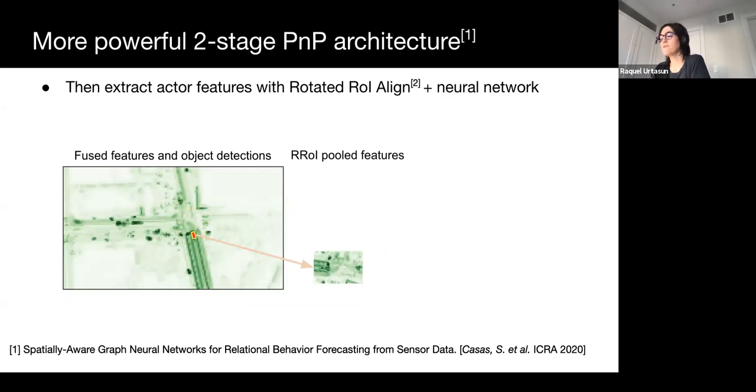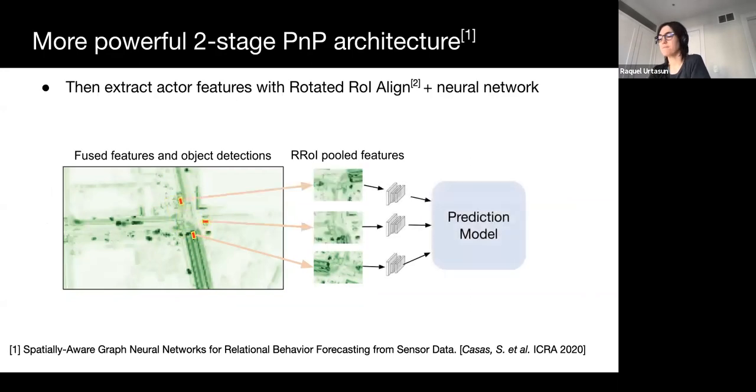Then we can pool the features on that region as the summary of the actor characteristics. We can do this process for all vehicles in parallel. We can now further process the features with a CNN with global pooling and obtain a feature vector for each actor, which is passed to the prediction model.